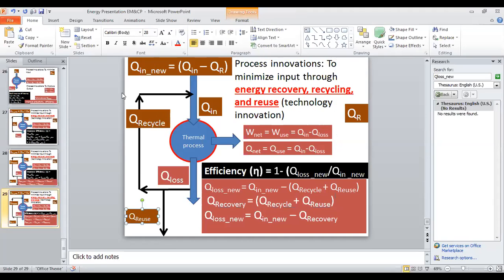So this is recycling generally in the sense of energy. But for material, this may be... Anyway, it's okay. You have the concepts. Even reuse can be here, recycle can be here, but I hope this is okay.